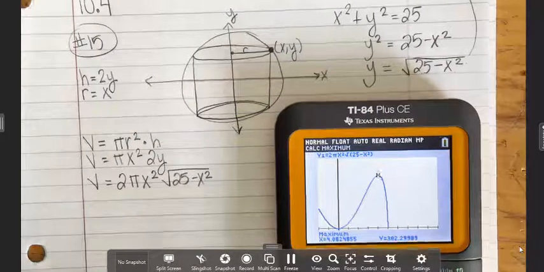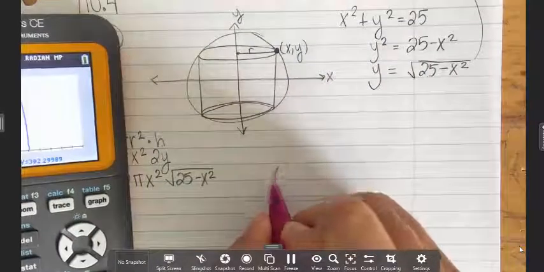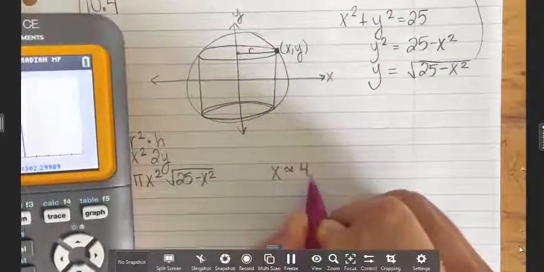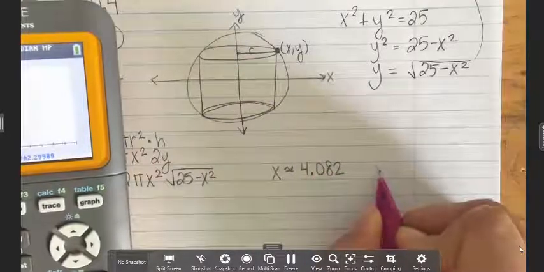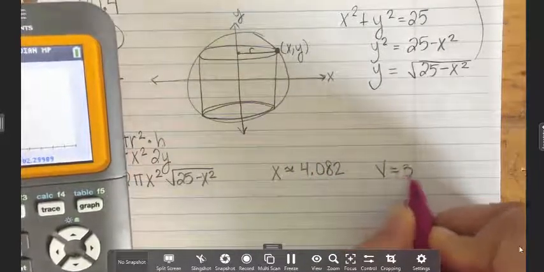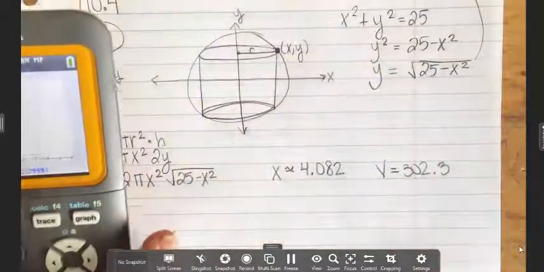So about 4.082. And that will give me a y value, or in this case, a volume of 302.3.